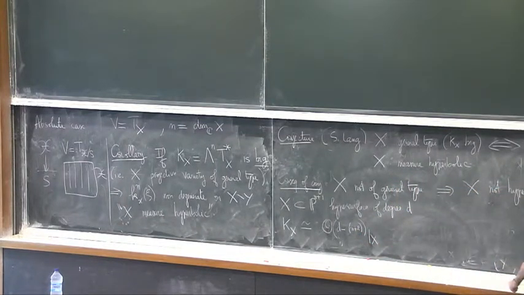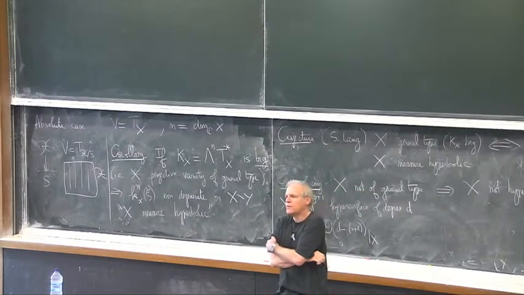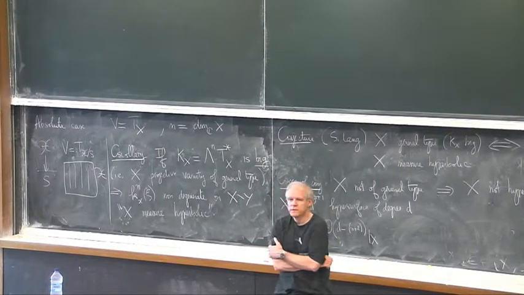So if d is less than n plus 2, then it's a Fano variety, and it's OK. So then KX is negative. This is what people call a Fano variety. And then there is a well-known theory, which is called Mori's theory, which tells you that, in fact, your variety is covered by rational curves, and therefore it's not hyperbolic.